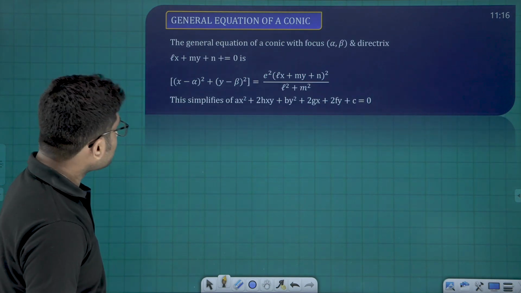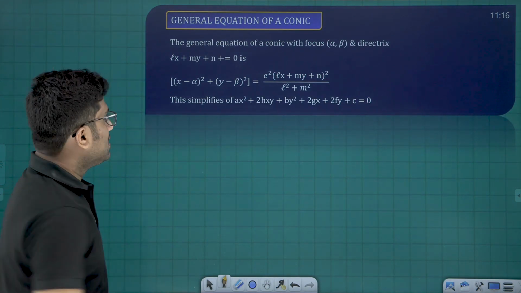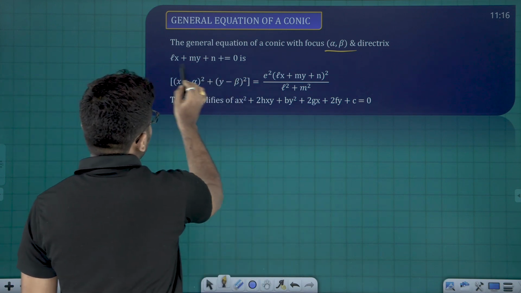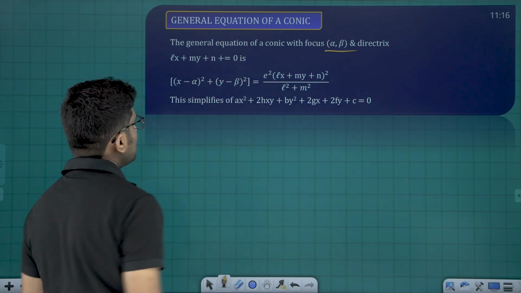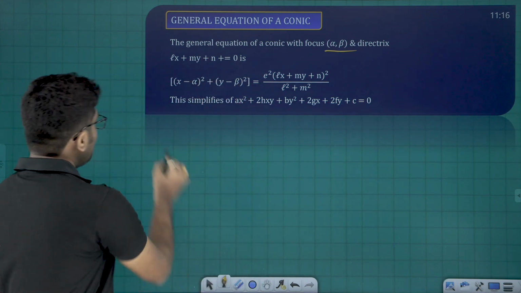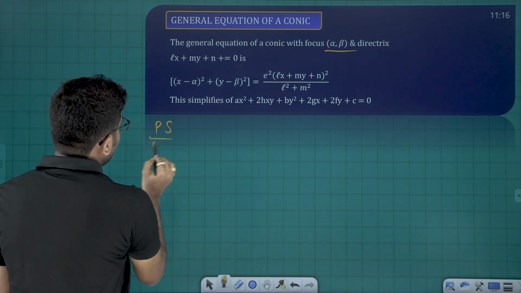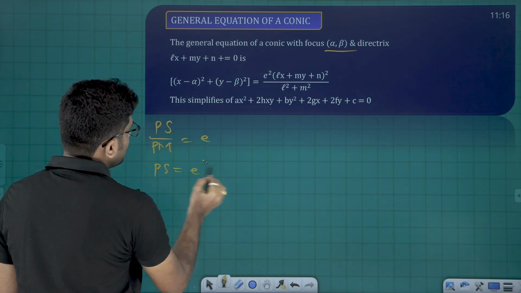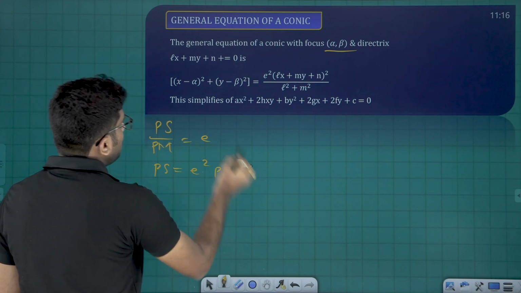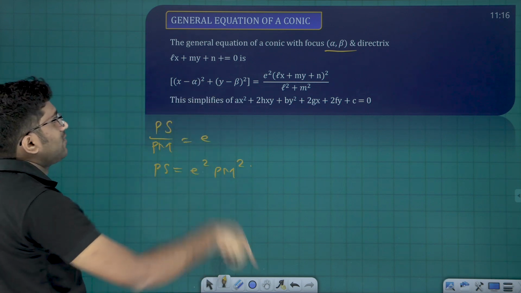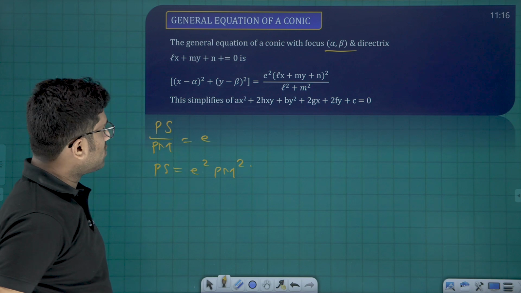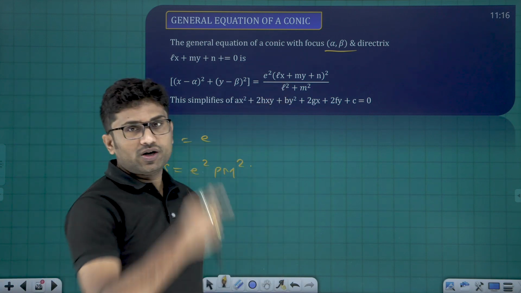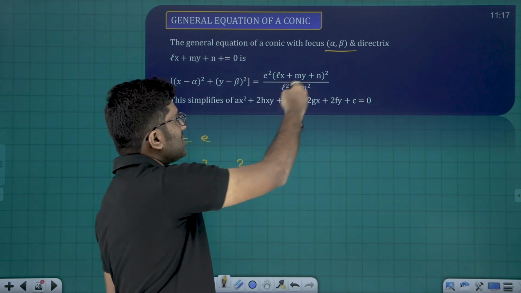Now the general equation of every conic. Suppose you take the focus as alpha comma beta and the directrix as Lx plus My plus n is equal to 0. Then as you know friends, PS by PM is equal to e. So PS square is equal to e square into PM square. Now PS square is x minus alpha whole square plus y minus beta whole square, and PM square is the square of the perpendicular distance from the point x comma y to Lx plus My plus n.